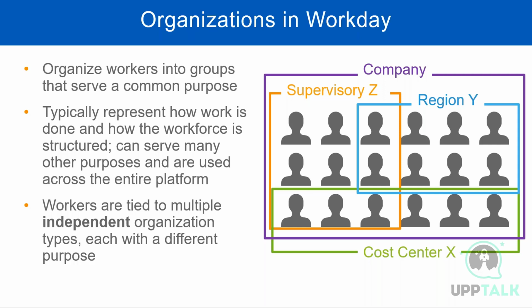Based on that, we have to find out which type works best. Shall we create a custom organization and then relate it to the workers? Yes, we will talk about that later. But now, the first thing we have to get ready is the supervisory organization structure, because we need to understand who reports to whom. There are other organization types. We will explore them slowly.